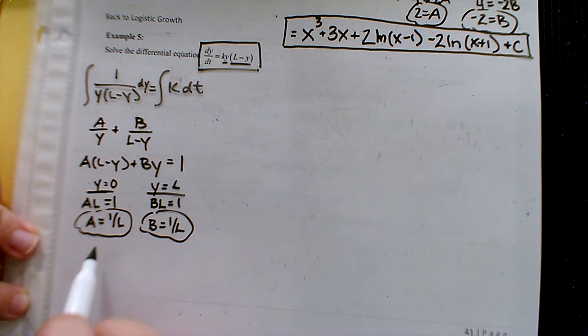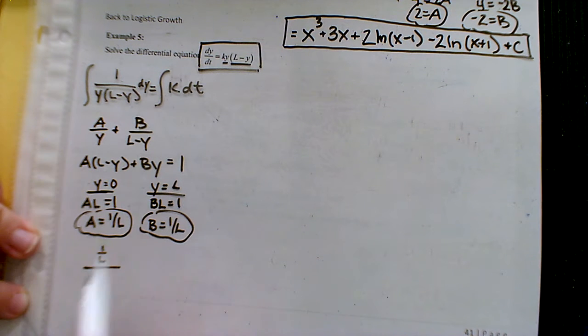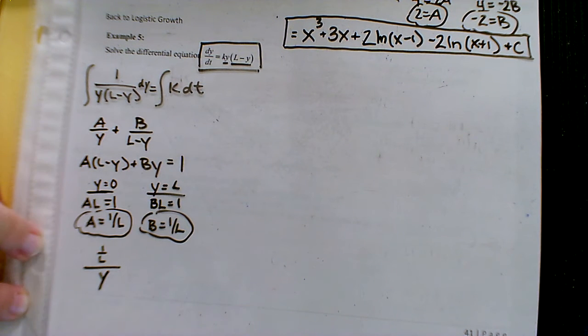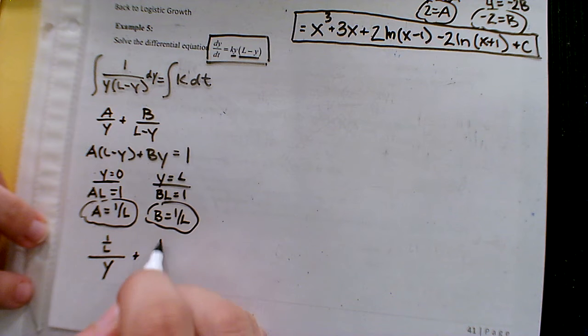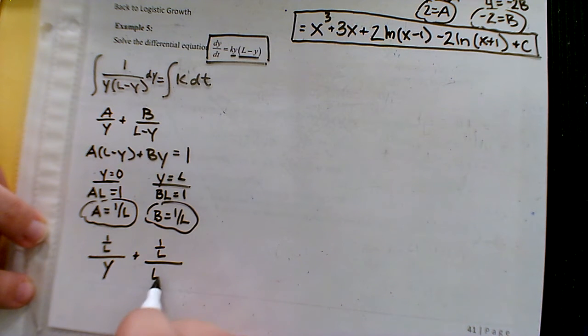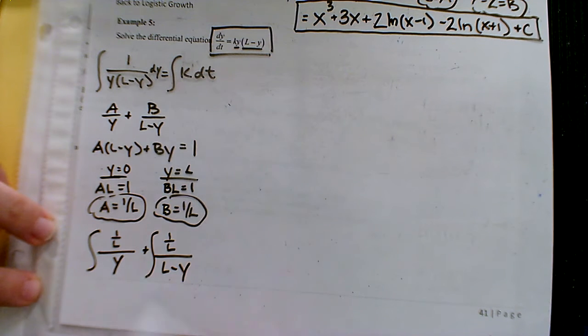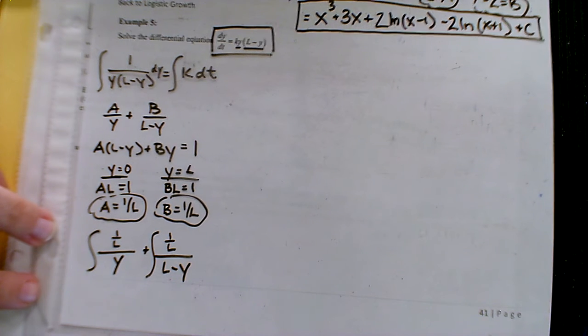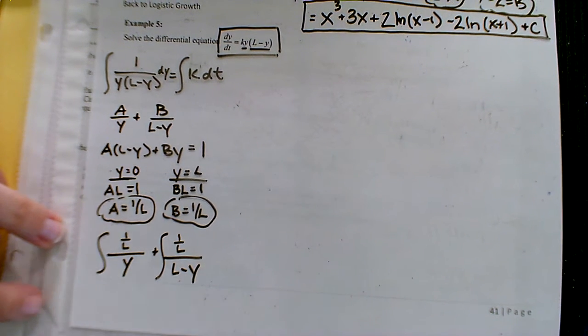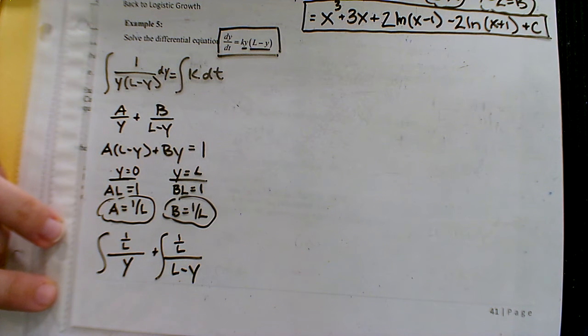All right, so let's go ahead and figure out. We have 1 over L over y and 1 over L minus y. So if we were to work backwards from both of those, maybe using Caitlin's little shortcut. Remember, L is a number.